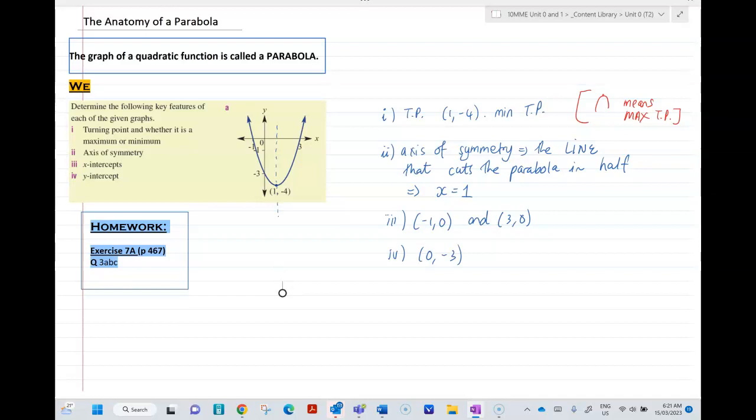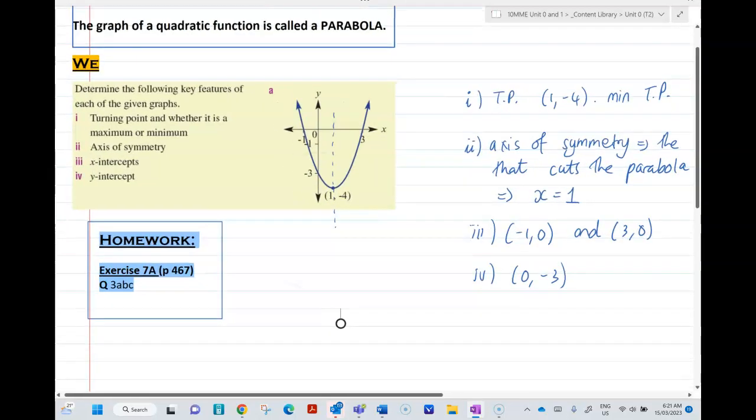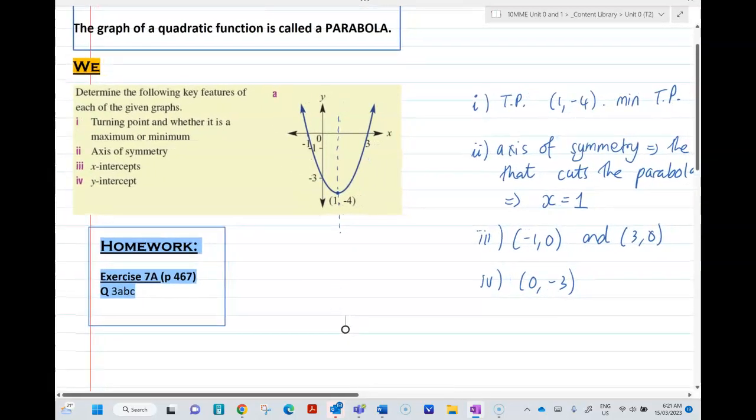The worded example is: determine the following key features of the graph. Give the turning point and whether it is a maximum or minimum, the axis of symmetry, the x-intercepts, and the y-intercept. Right, so the turning point is where the graph turns. You can clearly see that on this graph, it is at the point (1, -4).